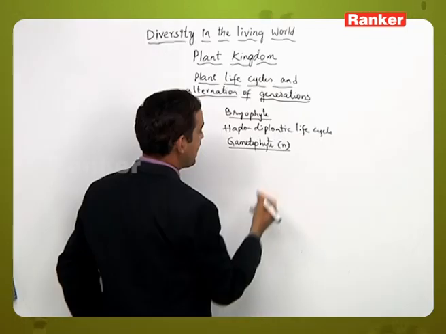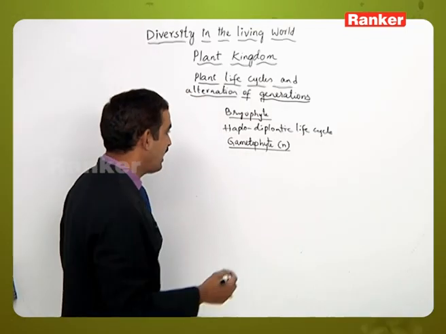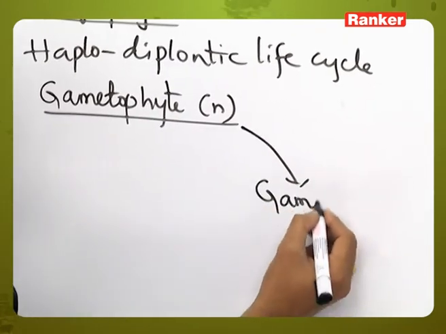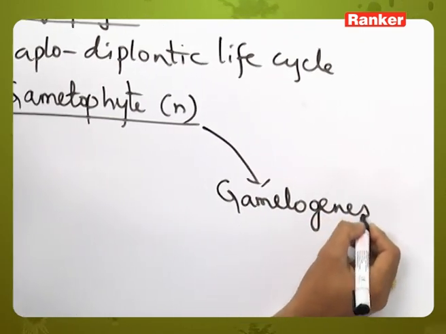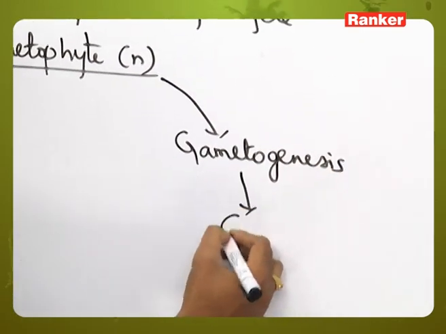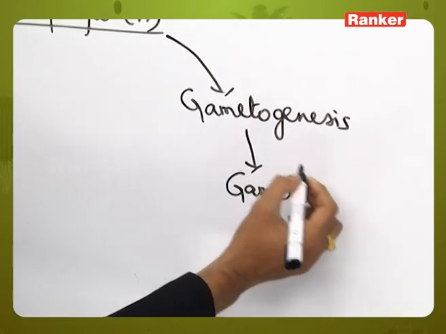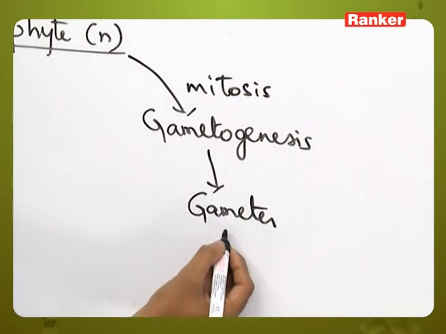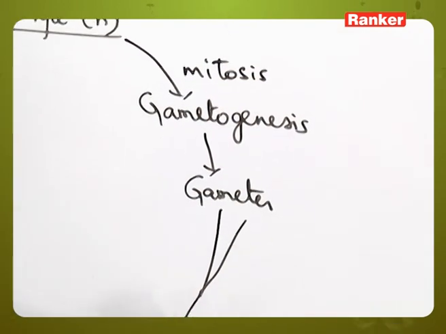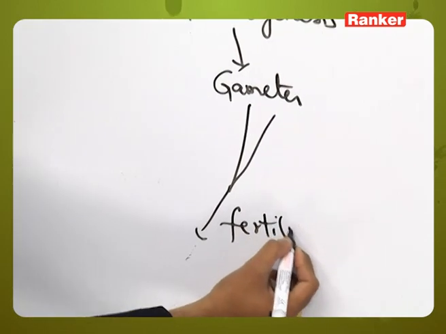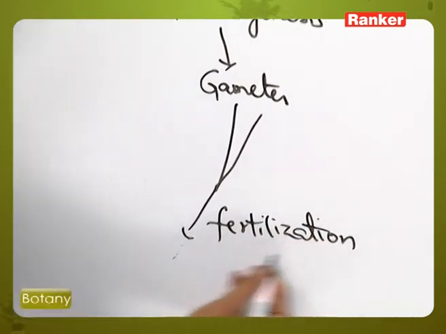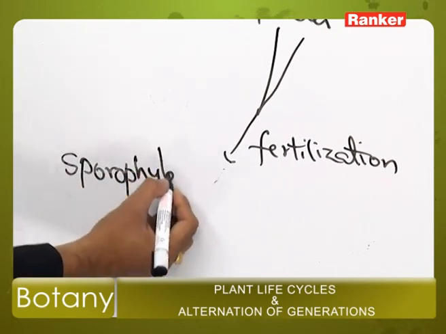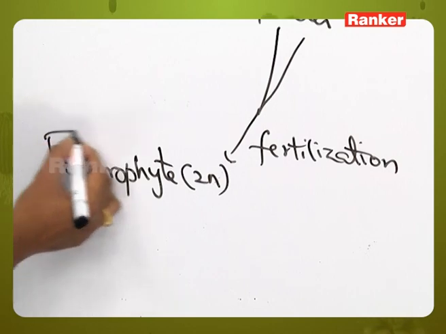The life cycle will start with the gametophyte, which is haploid, and this gametophyte will produce the gametes, that is gametogenesis will occur, leading to the formation of gametes by mitotic process. And these gametes, when they fuse by a process called fertilization, form the second generation, that is the sporophyte generation, which is diploid in its condition.